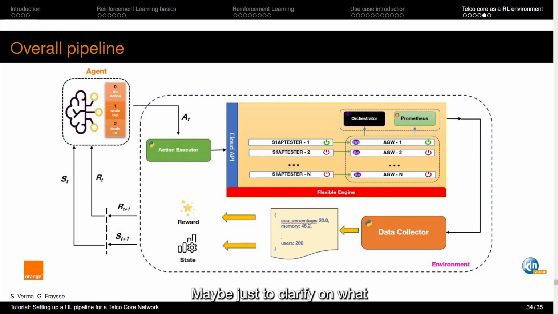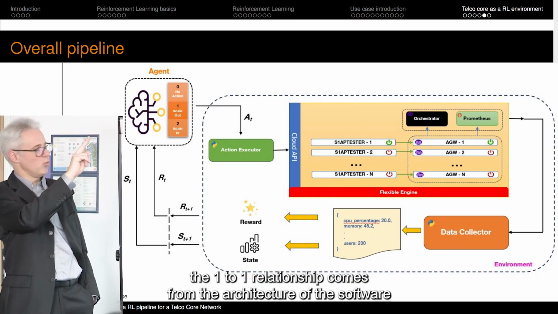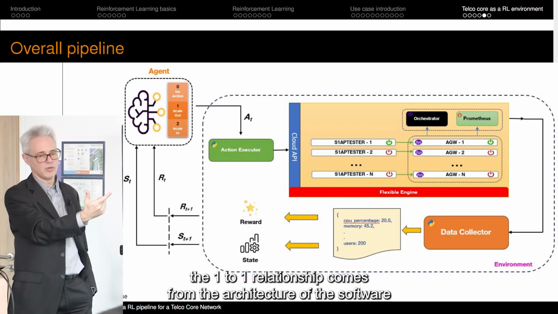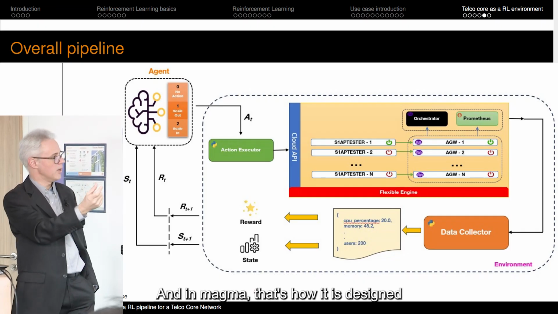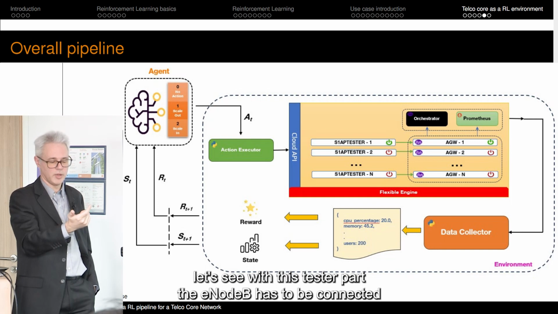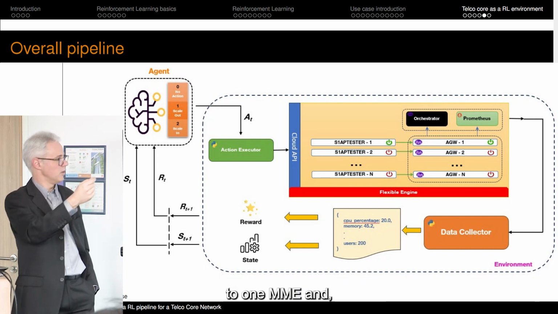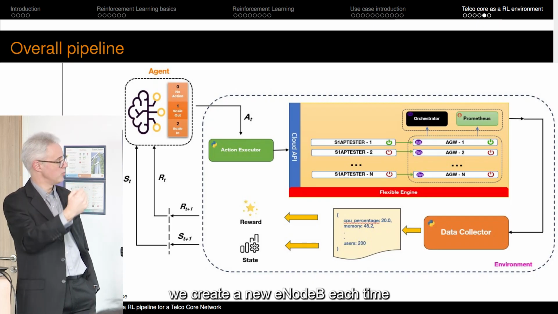Maybe just to clarify, because I think your question concerns the interpretation of the role of the tester. The one-to-one relationship comes from the architecture of the software, and in Magma, that's how it's designed. The eNodeB has to be connected to one MME, and we create a new eNodeB each time.